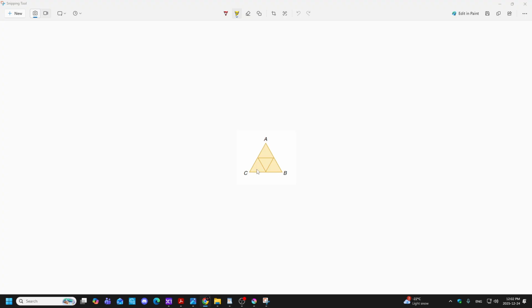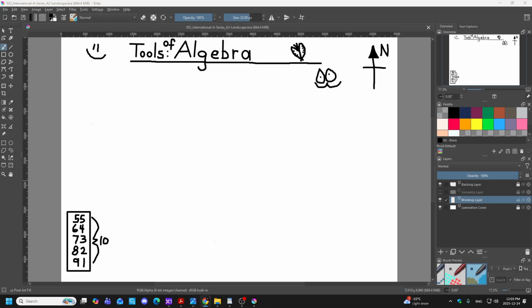Okay, so what they're saying is the distance of all three sides are equal. Because these are all equal, that means AB, BC, and CA are all equal. Okay, exact same length.